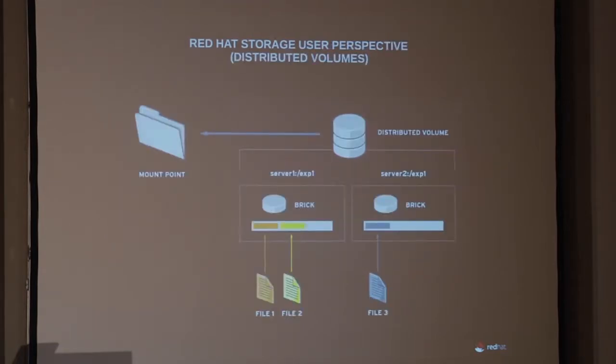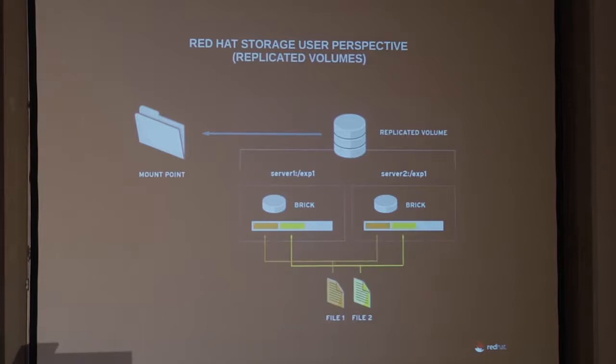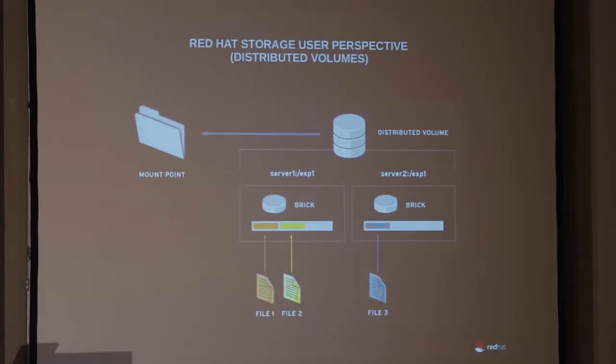Now let's look at some of the volume types or use cases of these volumes. Basically, you can have a distributed volume, which means your data would be distributed amongst n Red Hat storage servers. In this example, you see 3 files which are distributed between 2 bricks or 2 export directories on 2 different servers.